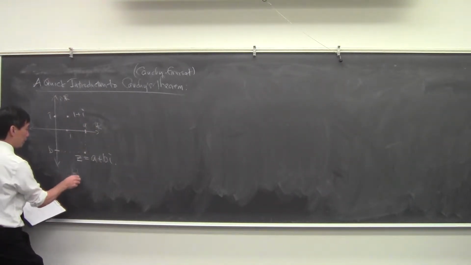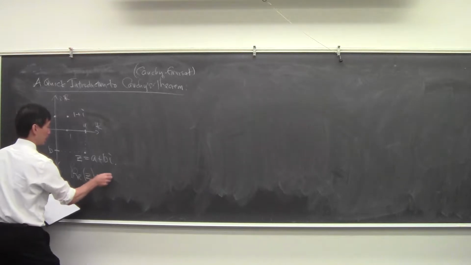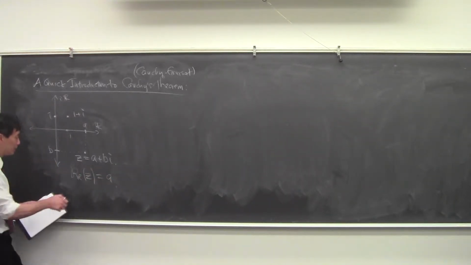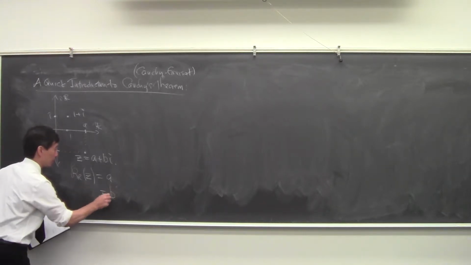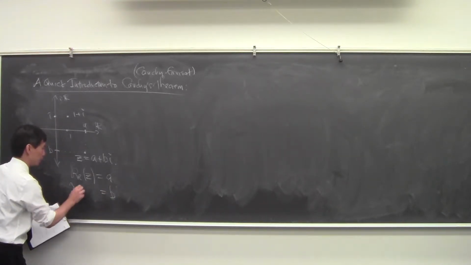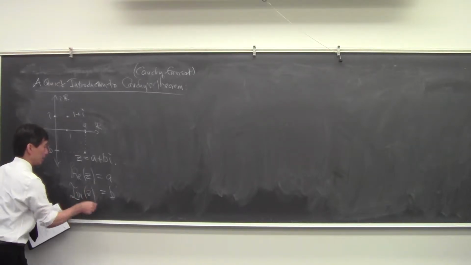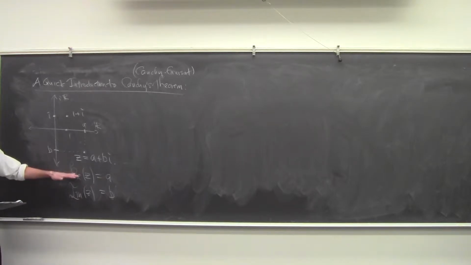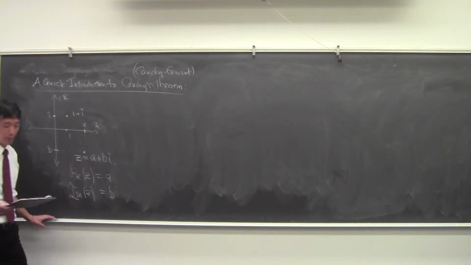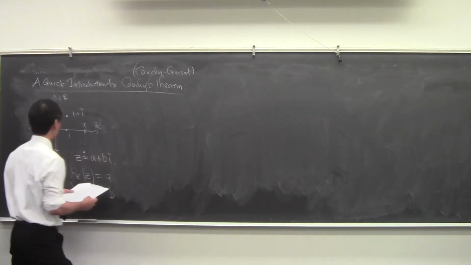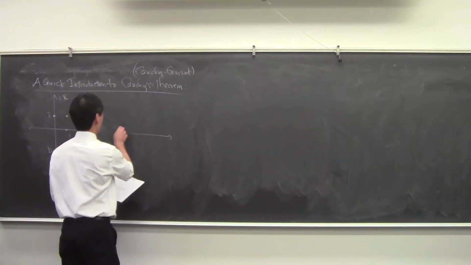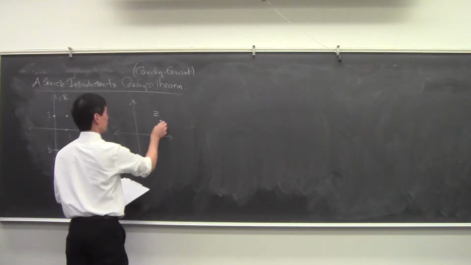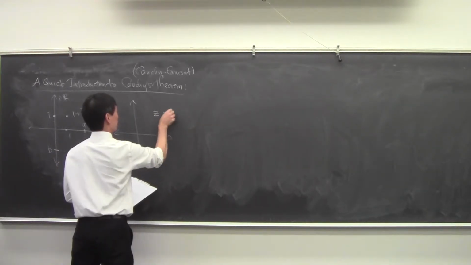So we call a the real part of z, sort of obvious definitions. We call b the imaginary part of z, what you would expect. Real part of z, imaginary part of z. So you have some z here, a plus bi.